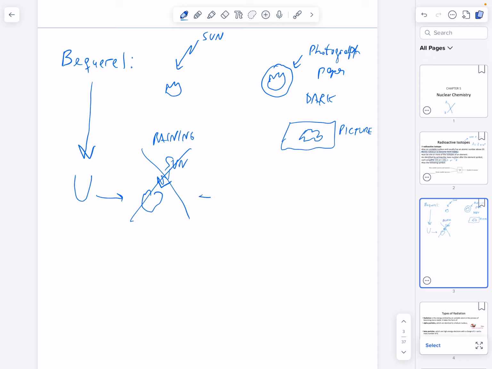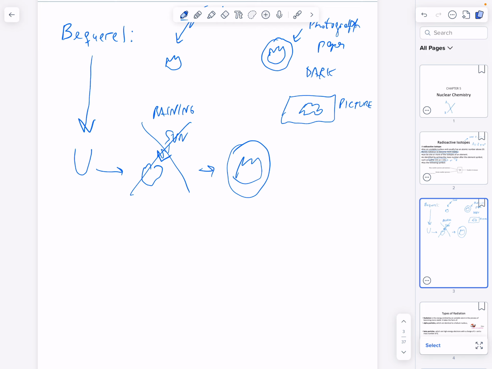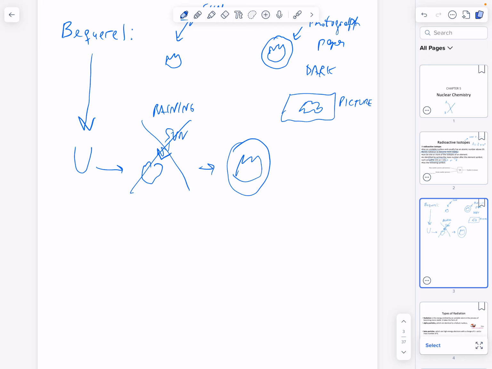So he just put the rock on the photograph paper and kept it in the dark in his drawer until the next time. Four days later he realized that uranium took a picture of itself. Took a selfie.